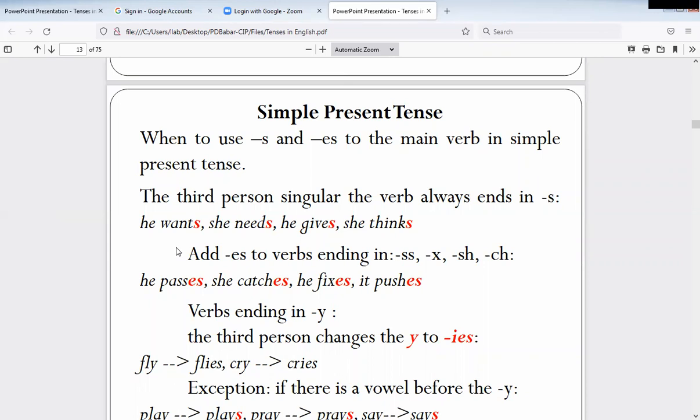In these examples the subject is third person singular, and that's why we have to add the S or ES suffix to the verb. These are the suffixes that we have added.